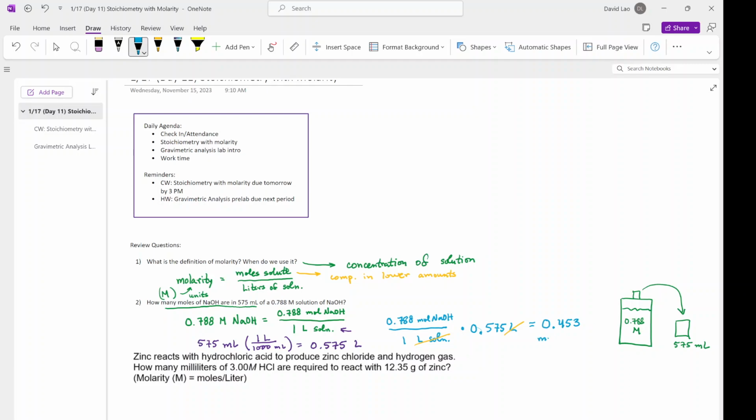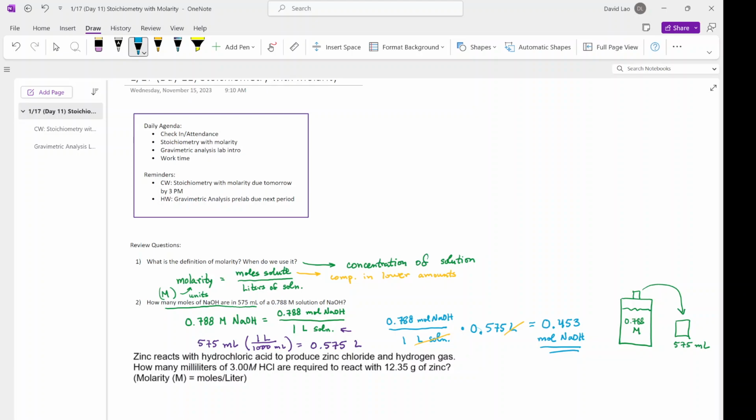moles of sodium hydroxide. So in that 575 milliliters, that's the number of moles of sodium hydroxide that would be present. Really, this is just to reiterate that this is a way to figure out the number of moles dissolved in some amount of solution.